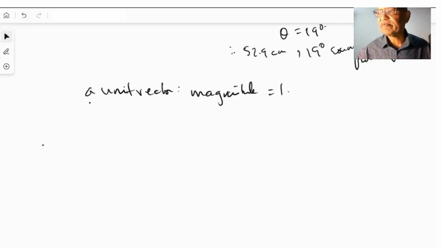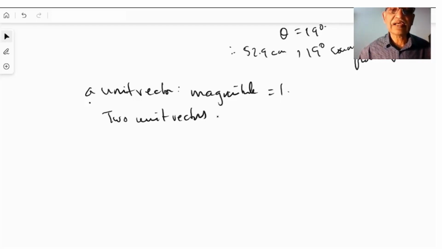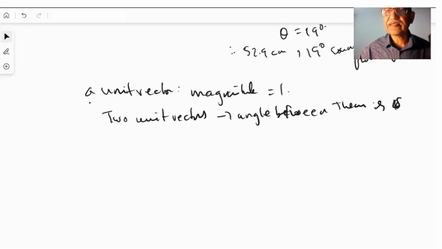So if I have two unit vectors, the angle between them is 48 degrees.